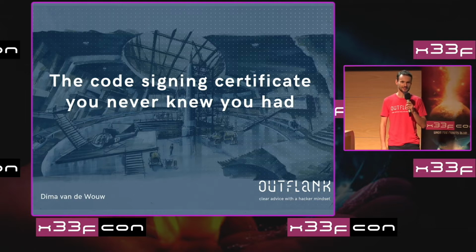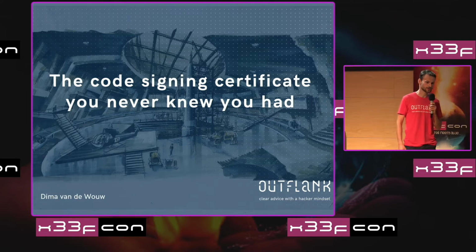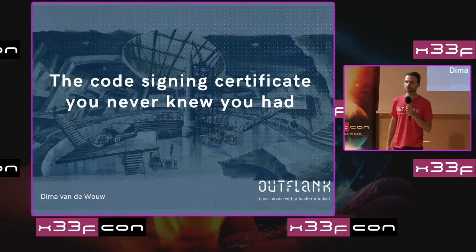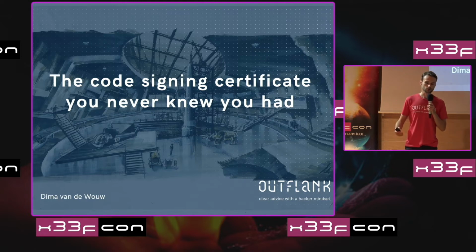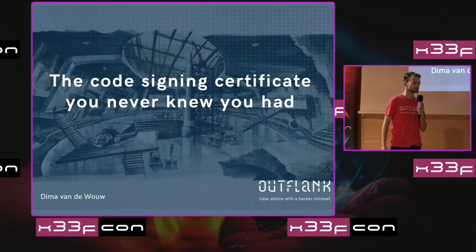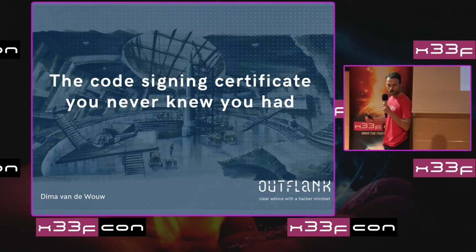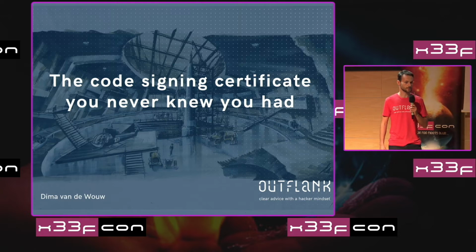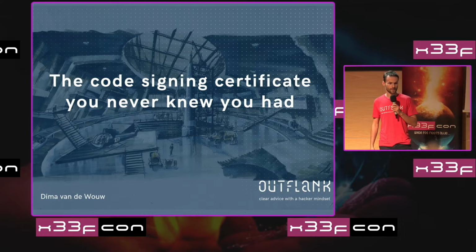In this presentation, I'd like to take you on a journey to explore some uncharted legacy features of Excel that resulted in a vulnerability that allows an attacker to craft a signed phishing payload. This payload would result in the user seeing a legitimate Microsoft signed document or no security warning at all.